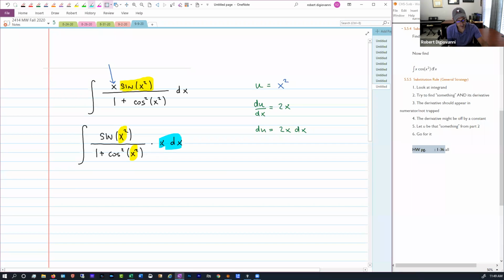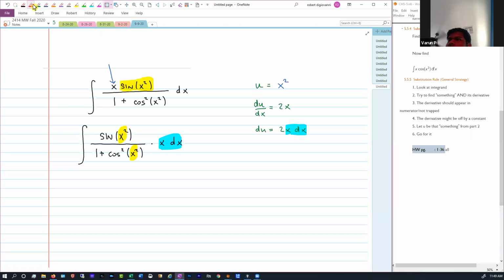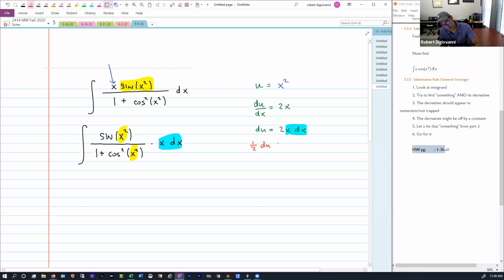We need an x dx. We almost have it. So Varun, how are we going to make that work? We would divide the 2 by 1/2 and put it outside the integral. So we're going to do a 1/2 on both sides here. And that'll give us our x dx. So now they match up perfectly. And that seems like we're getting somewhere. Do you agree? I agree.